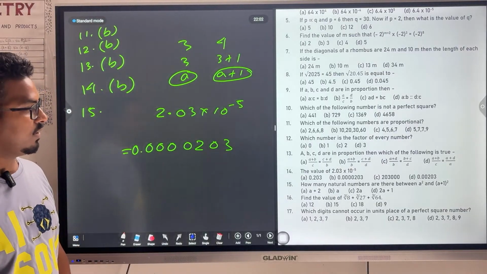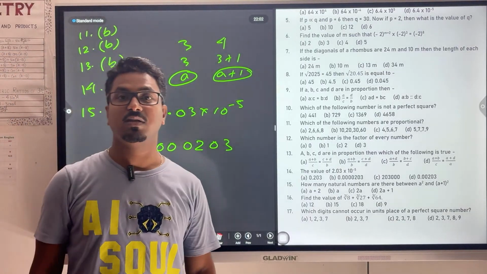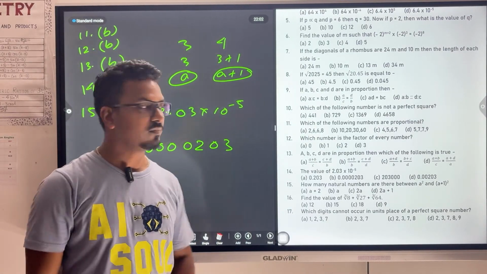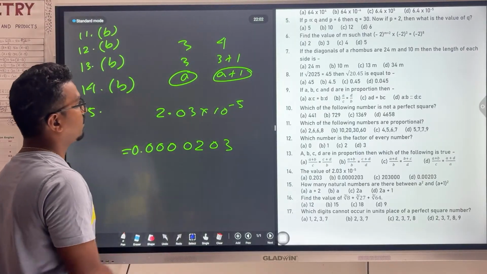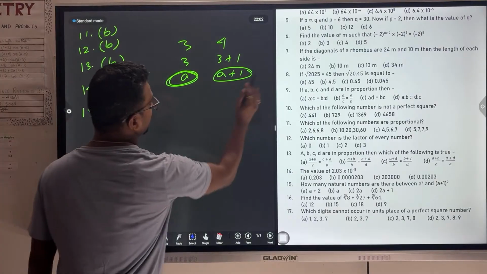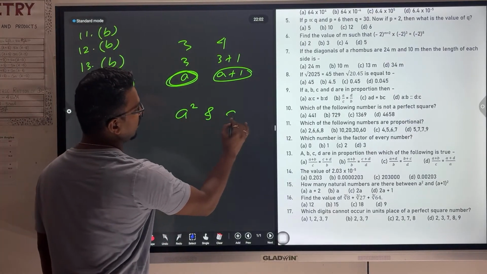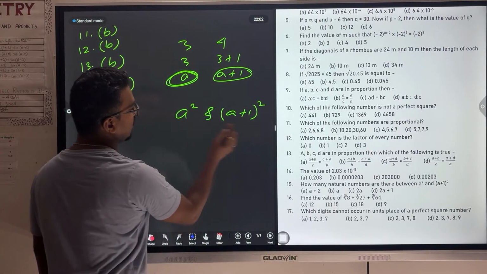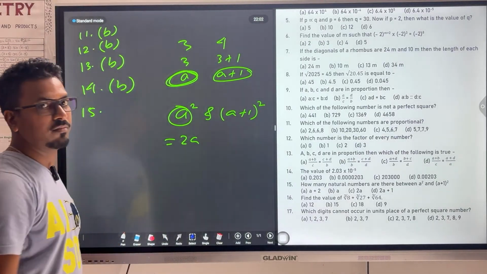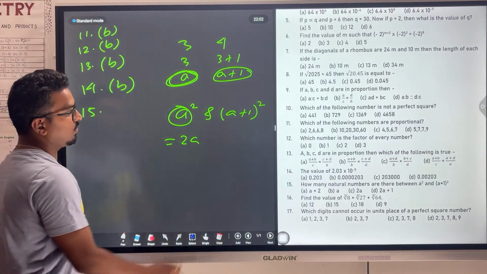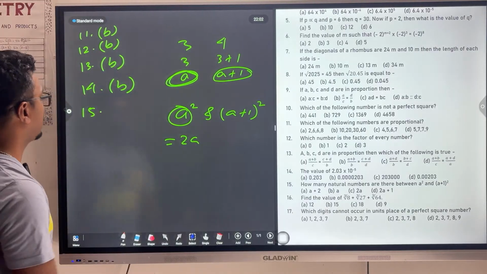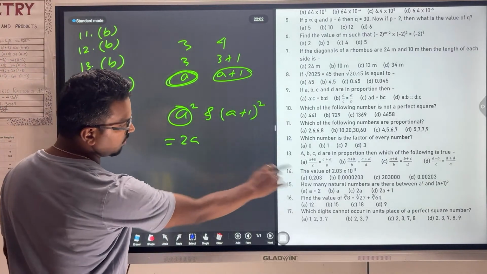So how many numbers are there between a square and a plus 1 whole square? You just multiply this number by 2, so it will become the count of numbers which lie between a square and a plus 1 whole square. So the answer is 2a, as option C.